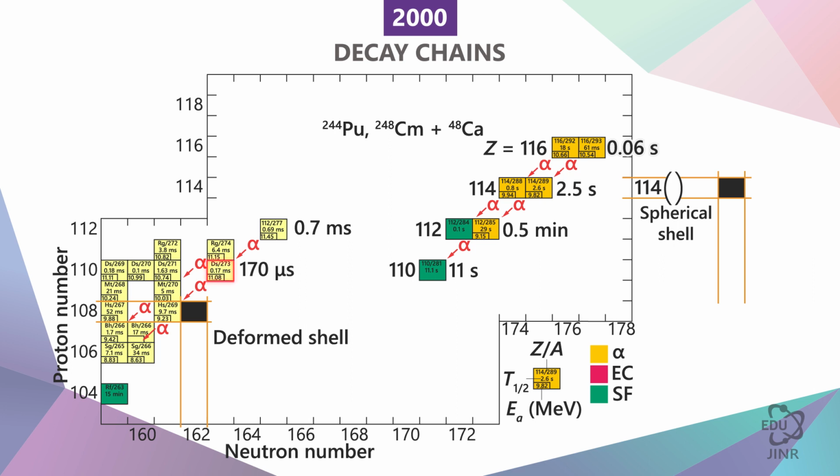Take element 110 as an example, and we can move along this horizontal line. That was the heaviest isotope at 170 microseconds, traveling 1, 2, 3, 4, up to 11 seconds. The difference is 5 orders of magnitude. Let's go up one step, looking at element 112 at 0.7 milliseconds, and here we go again, traveling up to half a minute. Another 5 orders of magnitude.